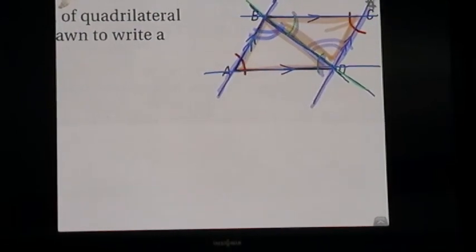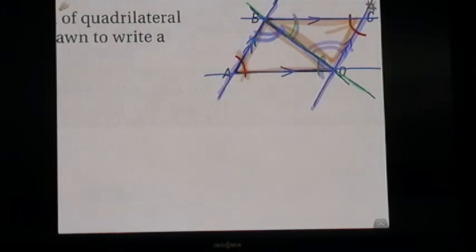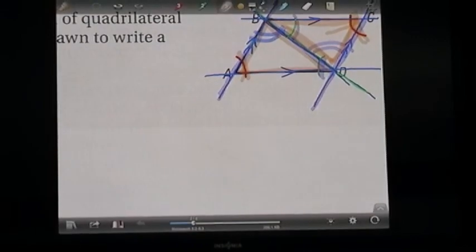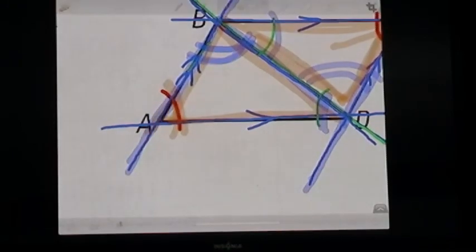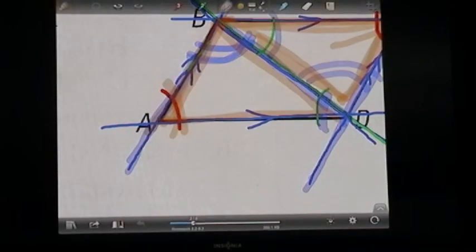Okay, now once we've done that, we've got our angle A and our angle C being congruent to each other. We can see that angle B, what they're calling angle B, they're talking about angle ABC, the outside, okay? And for angle D, you know, I tell you, you're not allowed to do that.